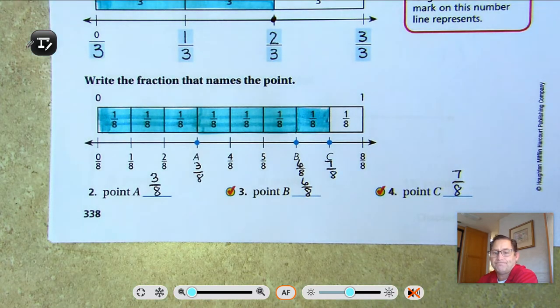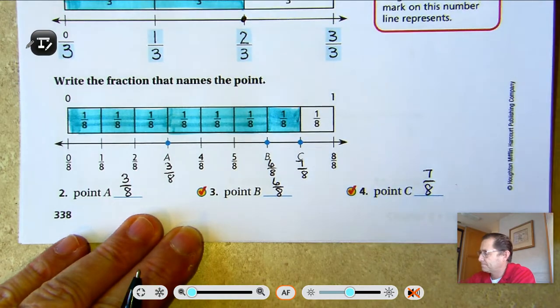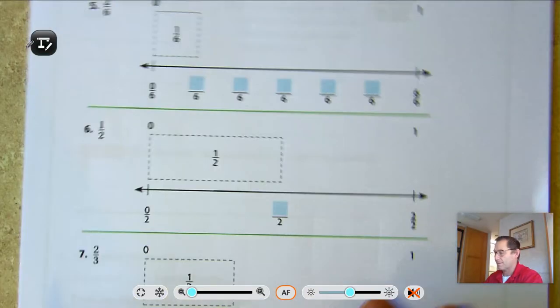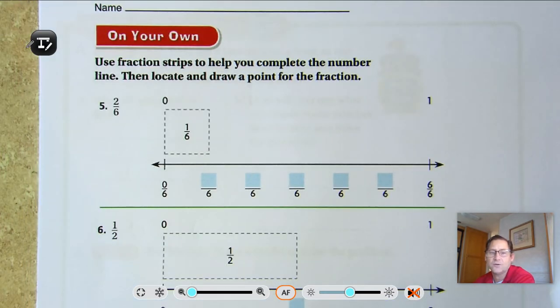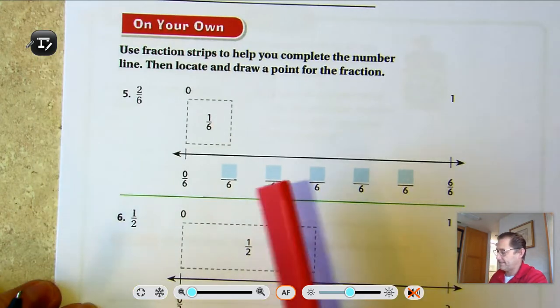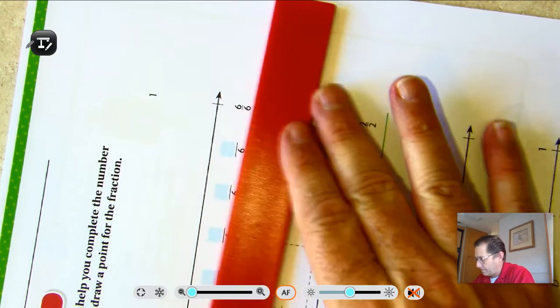All right, let's look at page 339. Use fraction strips to help complete the number line, then locate the point for the fraction. All right, so we see that the denominator is 6, so there's going to be 6 equal parts.